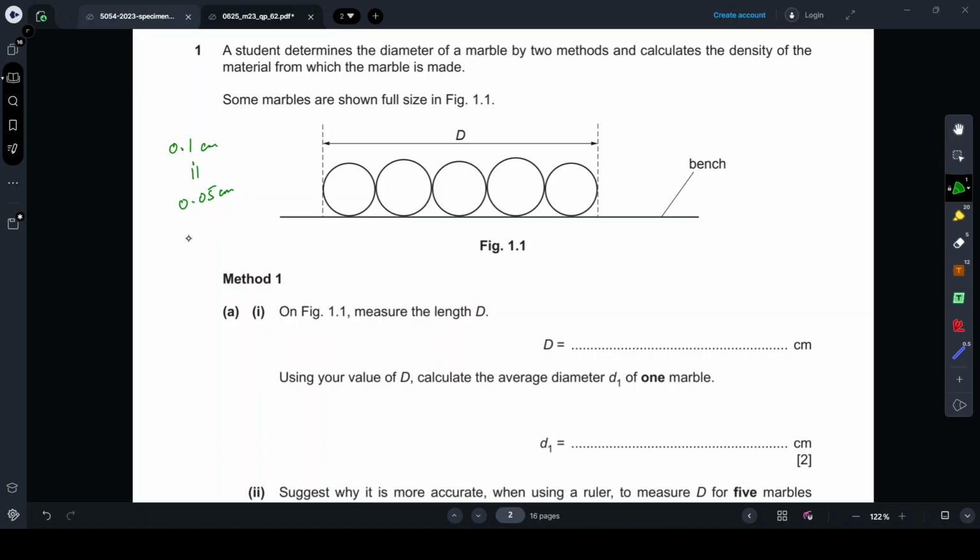So when they say that the number of significant figures for a measured value, something you're going to measure using a ruler, should be appropriate to the instrument being used, with certainty you can measure up to 0.1, and then you can estimate up till 0.05 centimeters, which is half a millimeter.